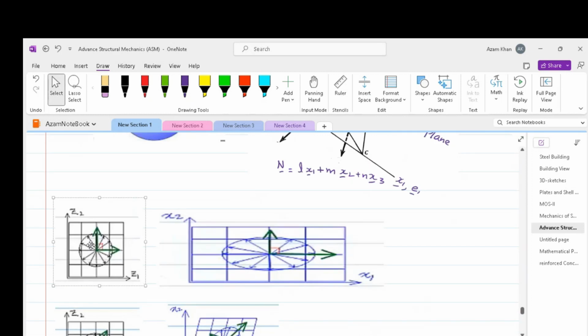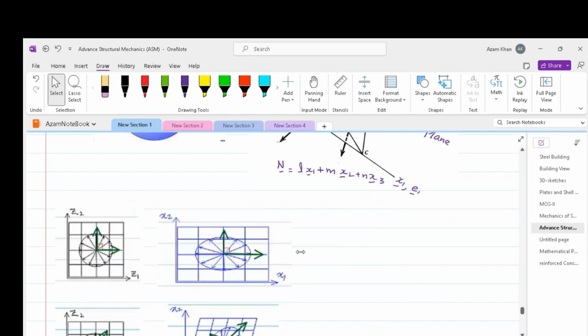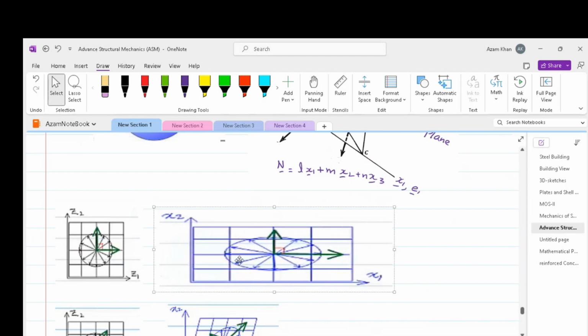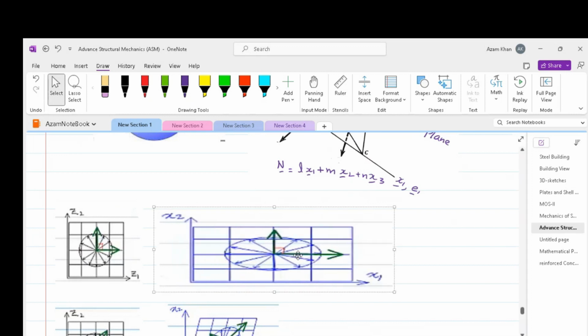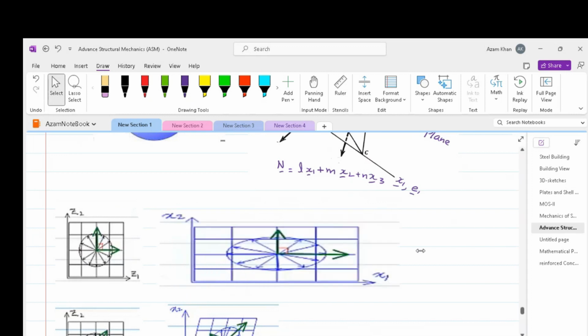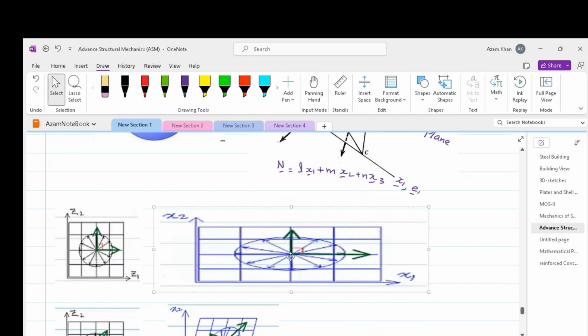So in 2D, we can see a circle which has got infinite tangents of dz magnitude in all the directions. After the application of the load, this circle is stretched into an ellipse, and all these dz vectors are stretched into dx. Please note that some of the vectors are stretched whereas other vectors are squished.